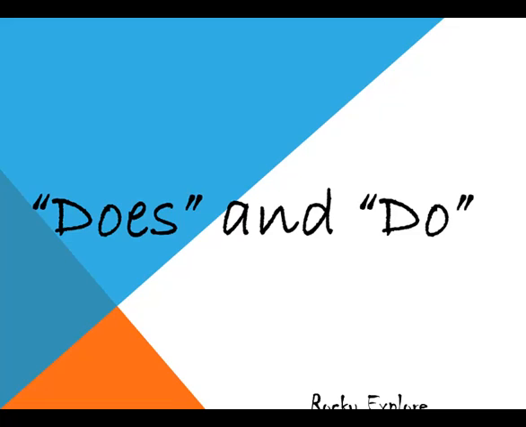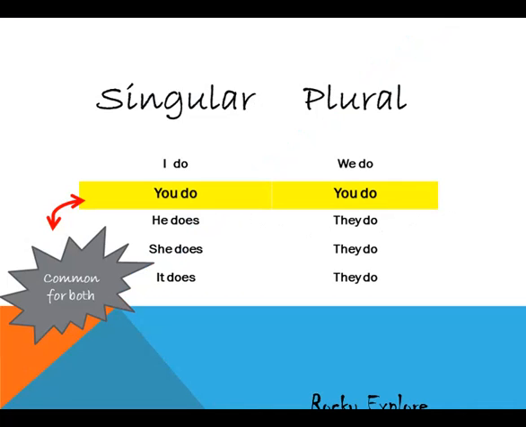Does and do. The singular and plural forms of do and does. With I, even though I is singular, do is used. With he, she, it, since they are singular, does is used. But in the yellow highlighted part, it's you.